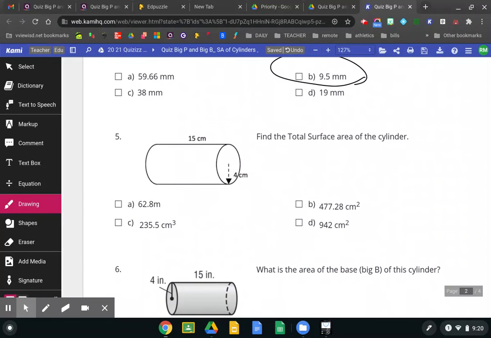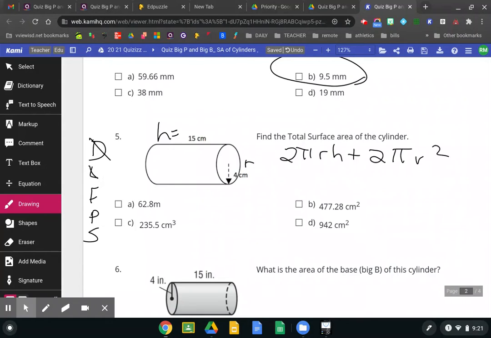All right, let's go on to number 5. Find the total surface area of this one. Again, draw, label, formula, plug in and solve. The draw's done. Label: that's your height, 4 is your radius. Formula: 2 pi rh plus 2 pi r squared. Plug in: 2 pi times 4 times 15 plus 2 pi times 4 squared.